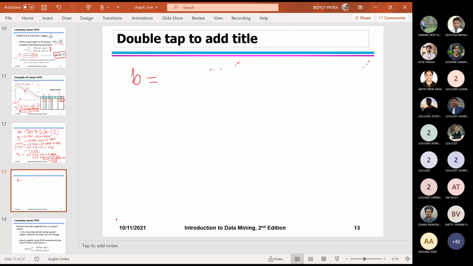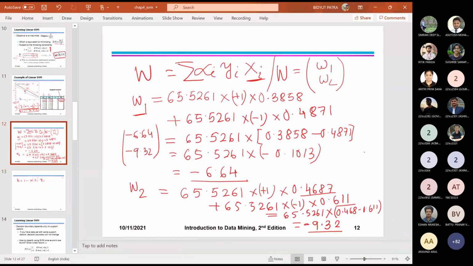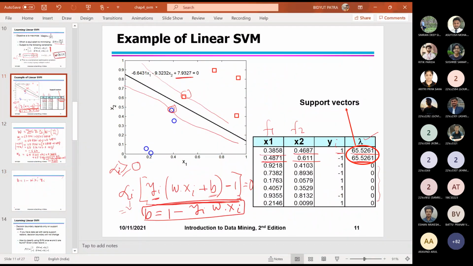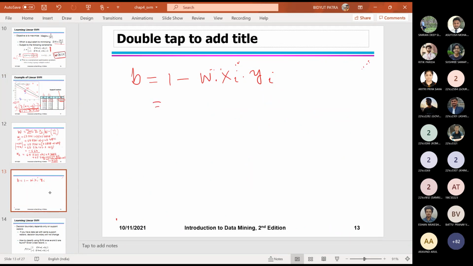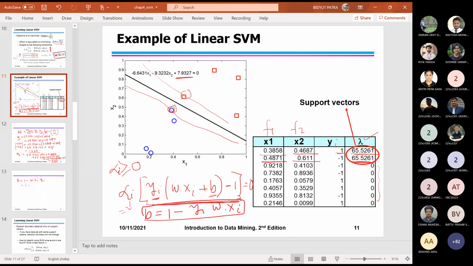Anyway, now we have to compute the value of b. b equals 1 minus w into xi into yi, that is what we learned, 1 minus yi w into xi. So this is equal to 1 minus w, which we know, and xi means the first one.